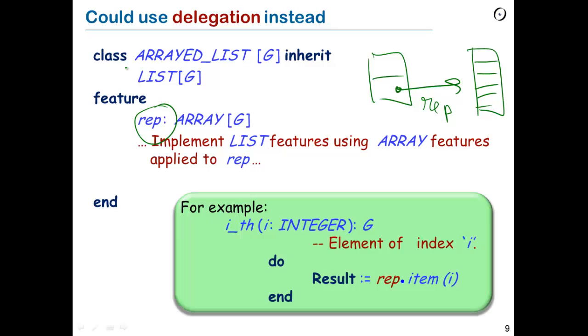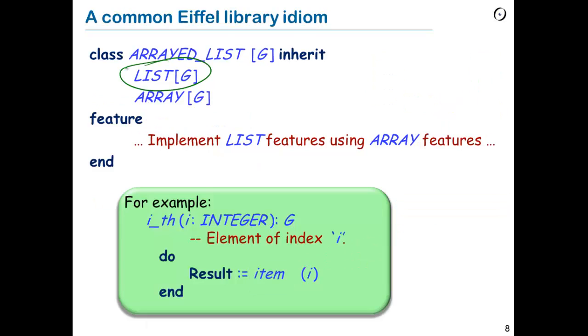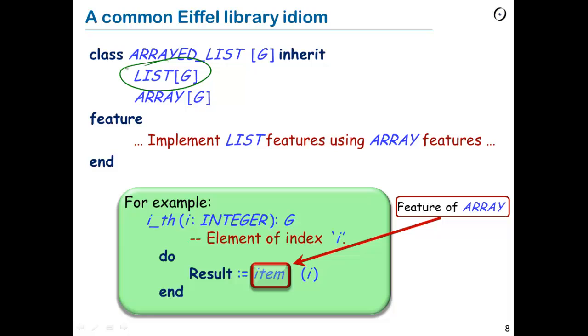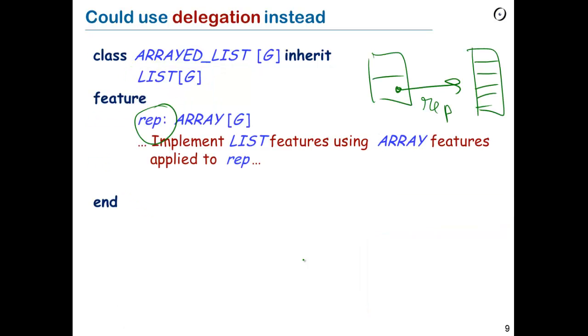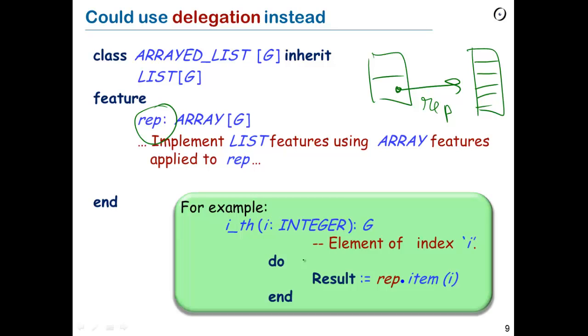And so to obtain the same effect as before, let me show you again how it worked for the inheritance technique. We consider the arrayed list as an array, so we could directly use the feature item of array on the object itself, because the object is an array. With the delegation technique, we have a different convention, because the arrayed list is no longer an array, but it has a feature rep of type array, so we can use, as you can see here, rep.item of I, which gives us the ith element of the array rep as illustrated in the figure, position I here.